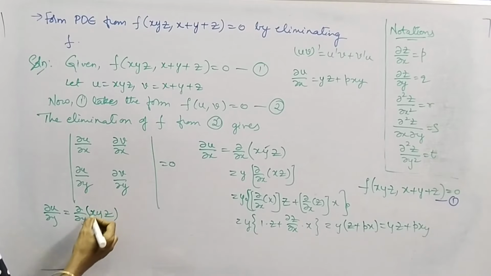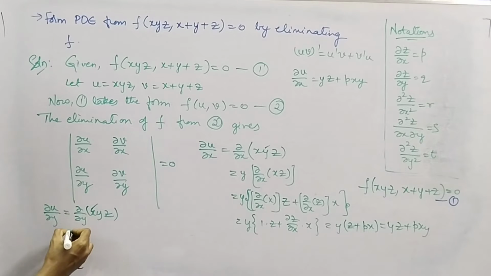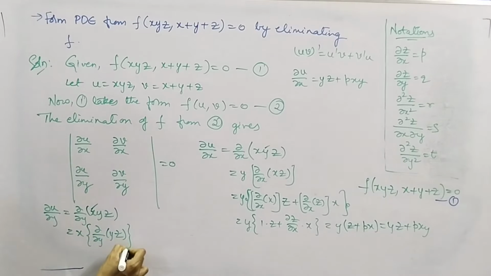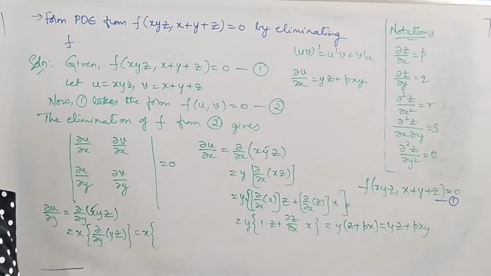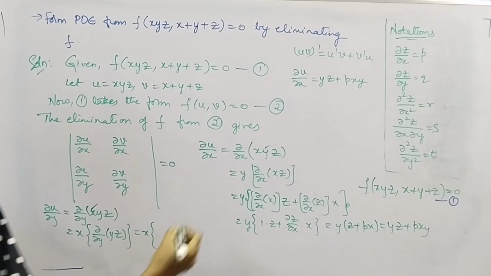Now we'll find ∂u/∂y. Here we are partially differentiating with respect to y, so we'll treat x as constant. We can write this as x times ∂/∂y of yz. Again apply the uv whole prime formula.